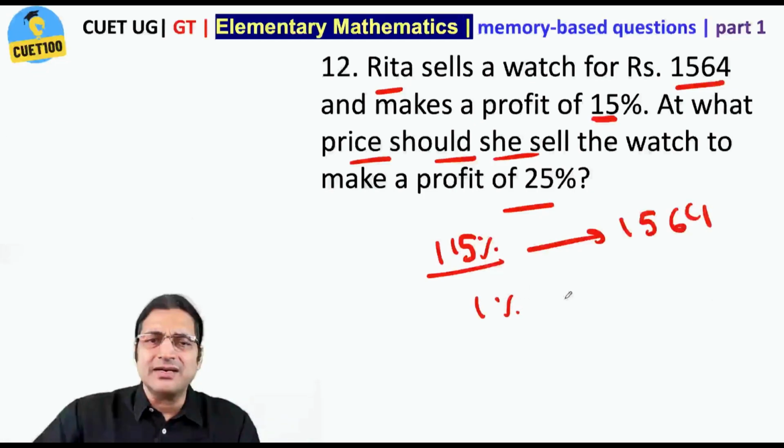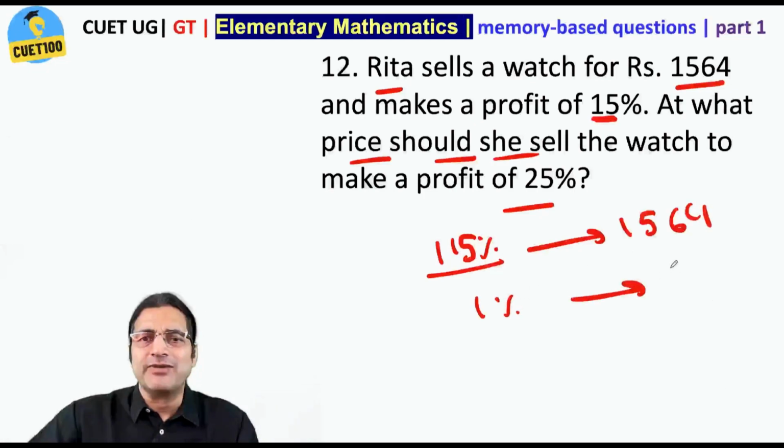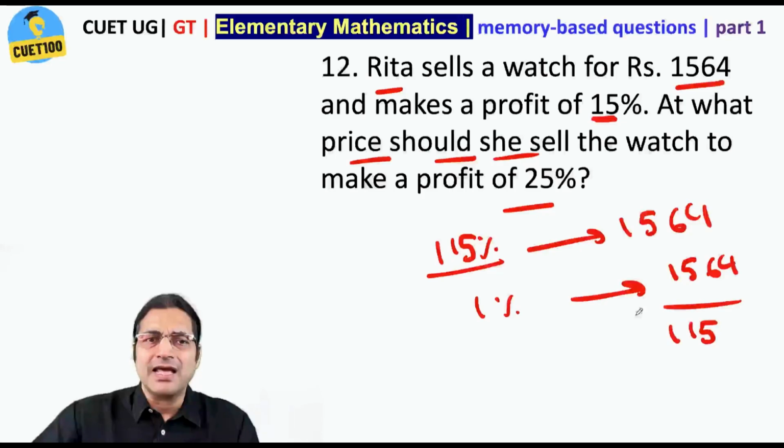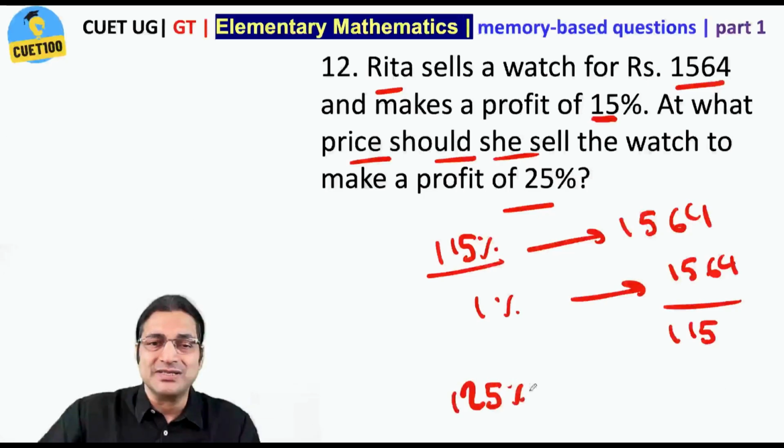So 1% of the cost price would be equivalent to 1564 divided by 115. Isn't that? And now Rita is very ambitious. She wishes to make a profit of 25%. So now the selling price would be 125% of the cost price. So let's get 125%. This would be 1564 divided by 115 into 125, right?